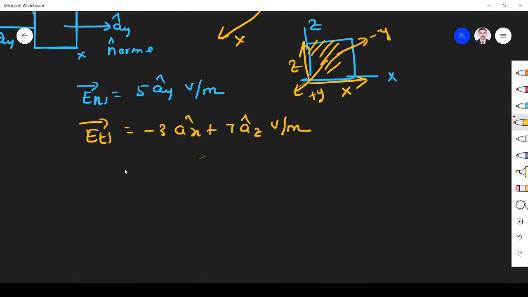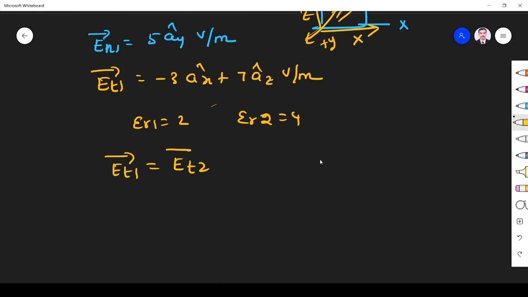Epsilon r1 is given as 2, epsilon r2 as 4. Now we know the boundary condition: ET1, the tangential component 1, is equal to the tangential component 2 for dielectrics. So what is the tangential component of the first medium? Minus 3ax plus 7az.